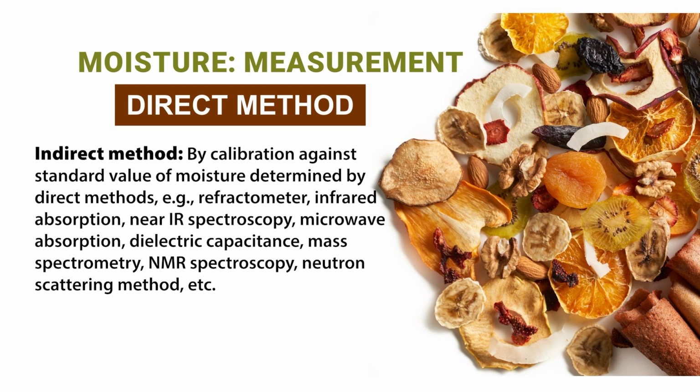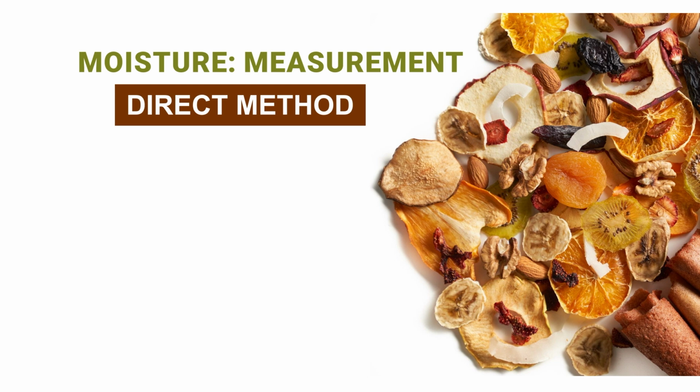You have equipment which is calibrated, and there can be a number of them: you can have a refractometer, infrared absorption, near infrared, dielectric capacitance, mass spectrometry. All this equipment is already calibrated. So you take your sample, do the analysis and know what the moisture is. So direct method, indirect method. Let's see the direct method.